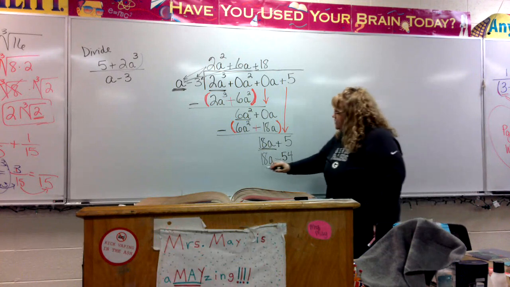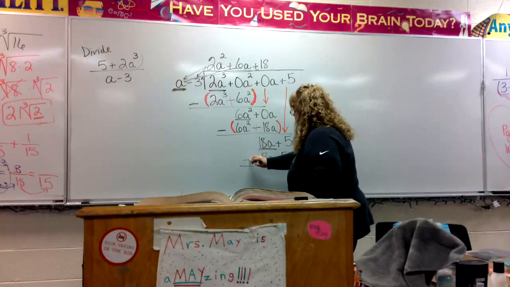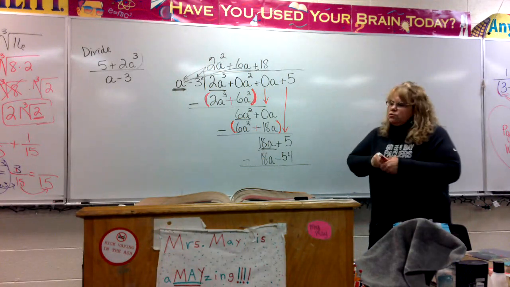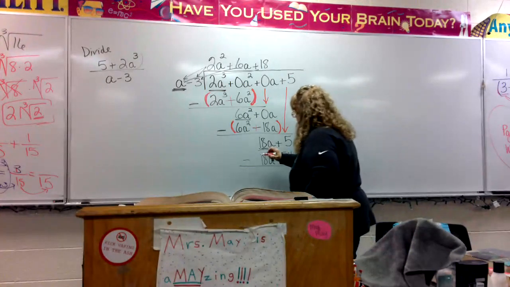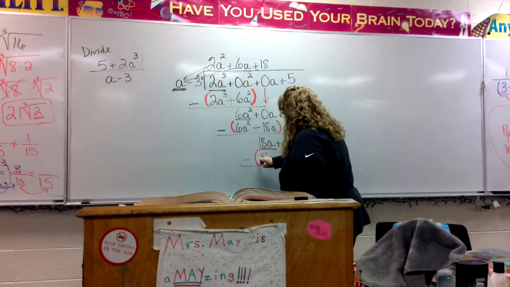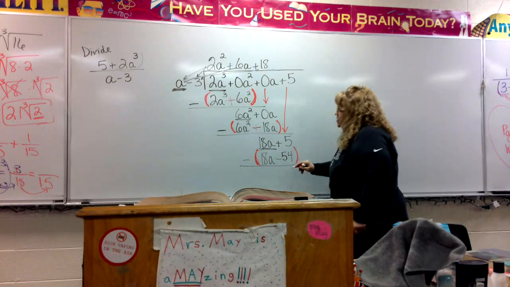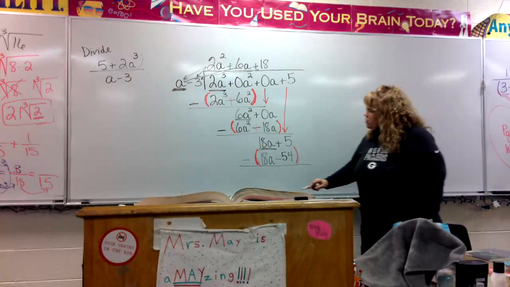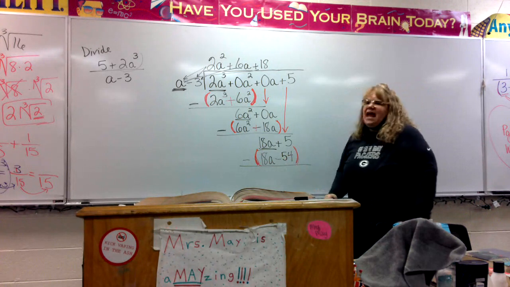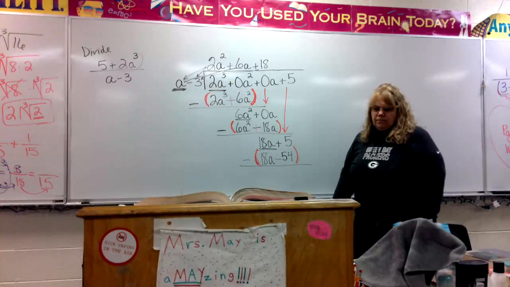And last, we subtract again. And don't forget, when you subtract, you're subtracting everything. So I have 18a, take away 18a. That drops out. Oh, here we go again. I'm subtracting negative 54.